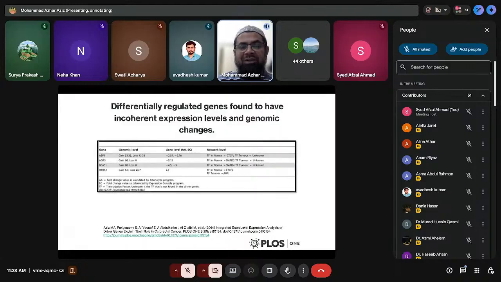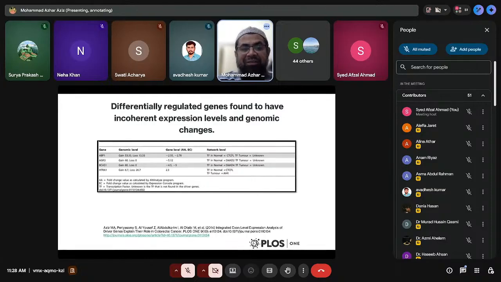And one of them was ADP8B1. Some of these genes were very interesting. If you look at this one, ABP1 gene, this was in the region of genomic gain mostly, which means the copy number was more in the tumor.